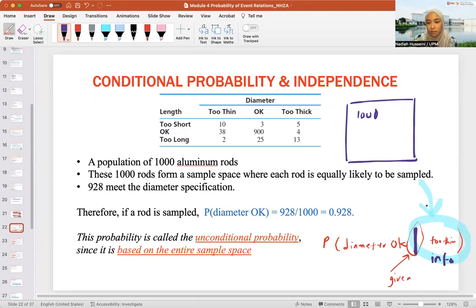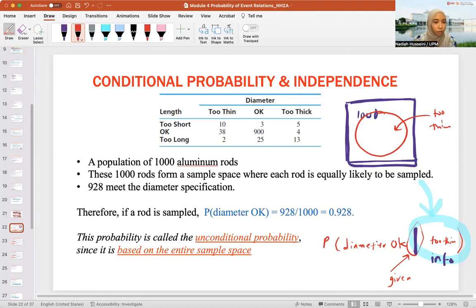The too thin limits your sample space. Now, for example, your sample space is inside this box and you have 1,000 outcomes. Within these 1,000 outcomes, you have to only select those that are too thin. So anything within this circle is too thin. This is your given info.